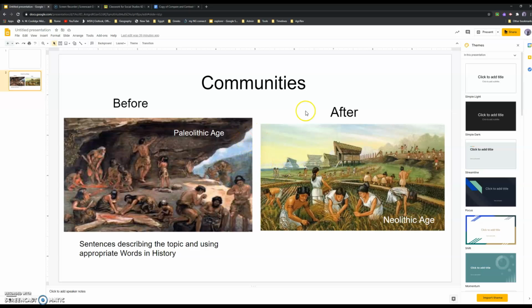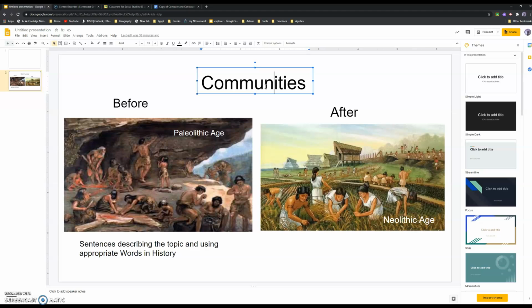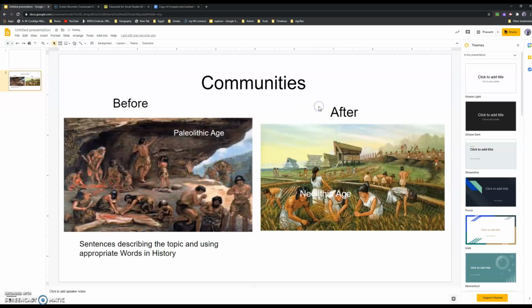And don't forget that you can get creative with your fonts and the size of your letters, but don't make it difficult to see whatever words that you're creating, text boxes. For instance, if I put Neolithic age over these people dressed in white, it gets harder to see.